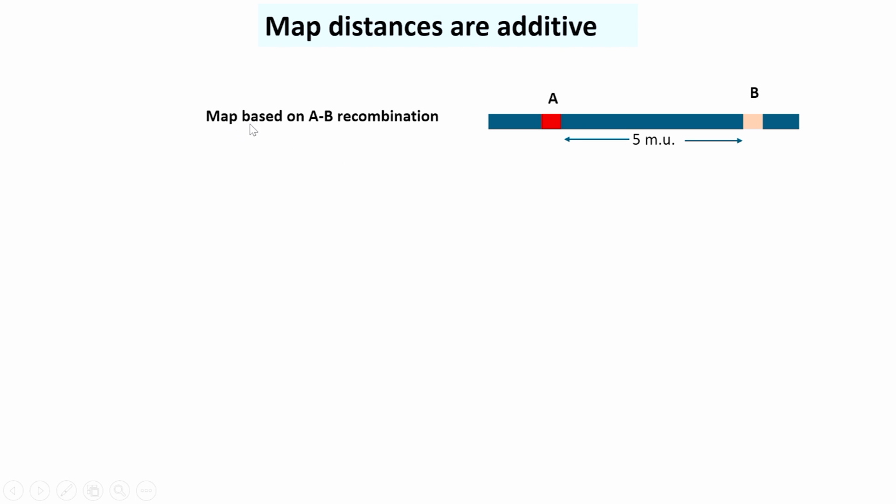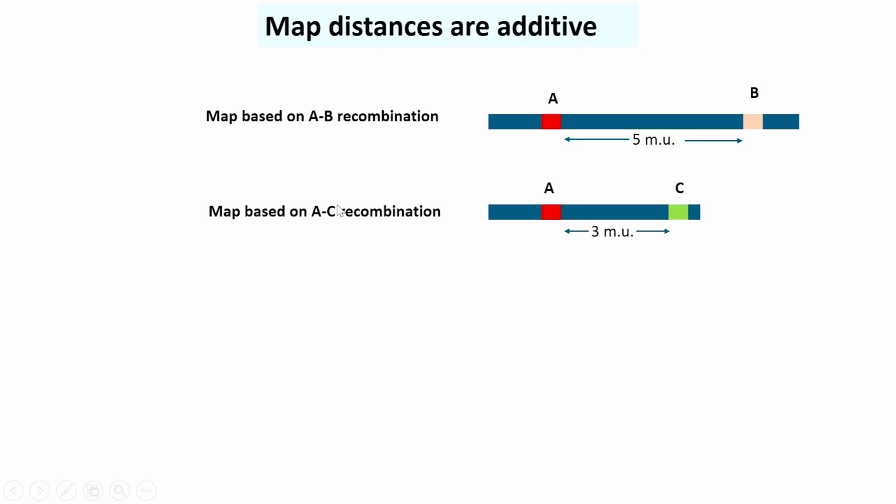If the distance between A and B is 5 map units, which means 5% recombination, and another gene C has a distance from A of 3 map units, so A and C are 3 map units apart and A and B are 5 map units apart, and I ask you to arrange A, B and C, remember you do not really know if C can be here or on the other side of A. It is just 3 map units apart.